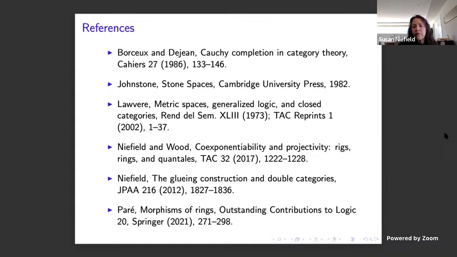But I don't know if there's a direct connection to these other examples. I don't know if anyone's considered it. I haven't thought about that because I think of these Cauchy complete categories as the ones for which idempotents split, and I think of it in more of an algebraic sort of way.